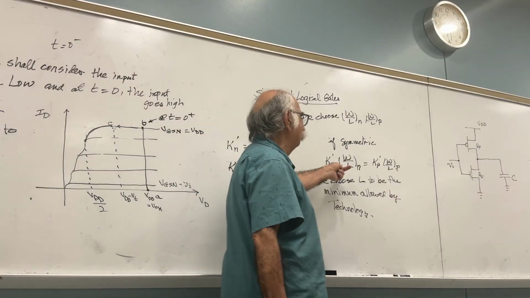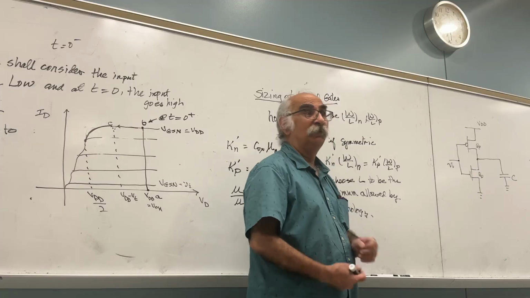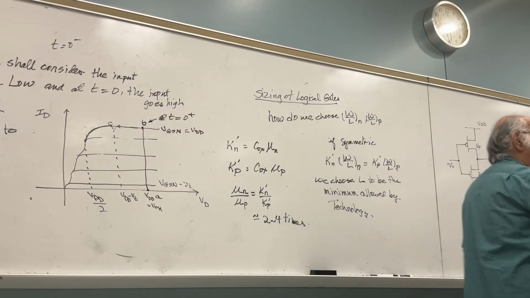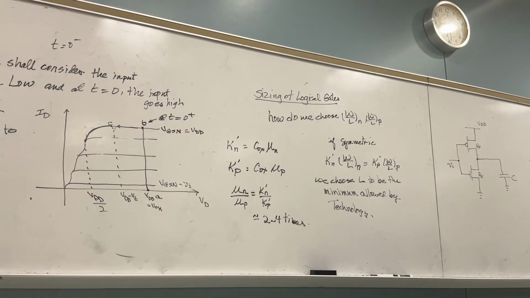Which means if I want to make it symmetric, which I emphasize is not necessarily the optimum thing to do, but let's assume I want to make it symmetric, what does it mean?